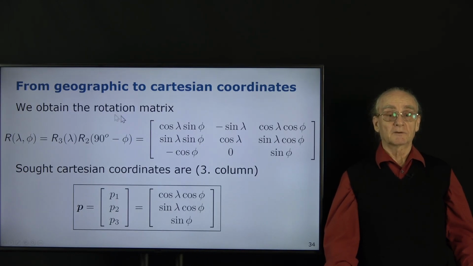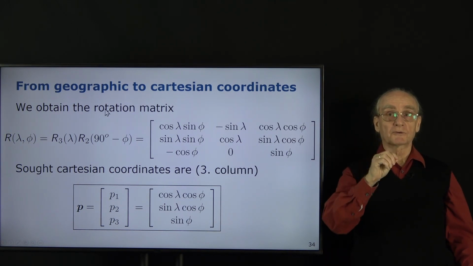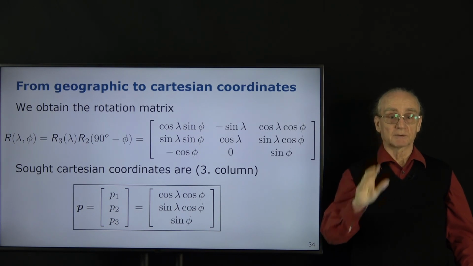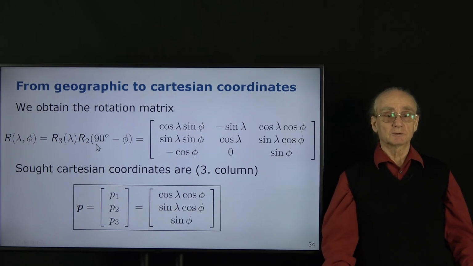So we obtain the following rotation matrix. This is an active rotation, so the point moves, and we describe the rotations in the original system. So that's the basic situation. The first rotation was about the second axis, the y-axis, with 90 minus phi. And the second rotation was about the z-axis with lambda. If you multiply this out, we get this matrix.